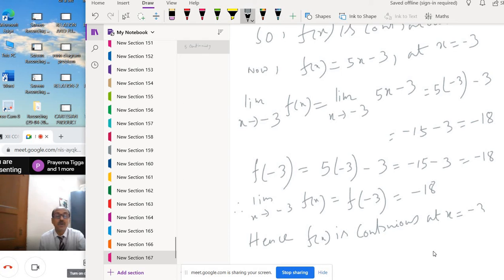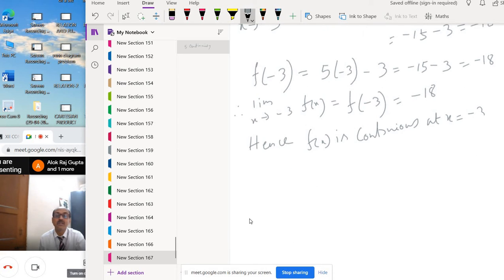Okay. Third point is x equal to 5. Same function.